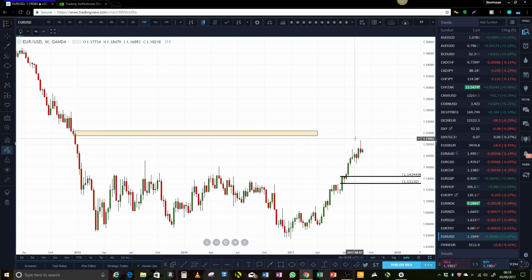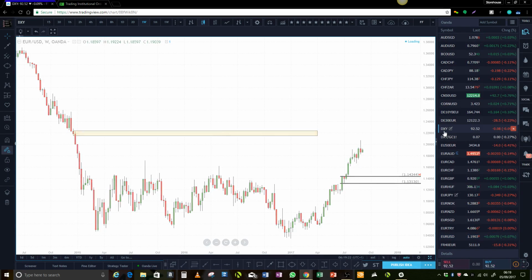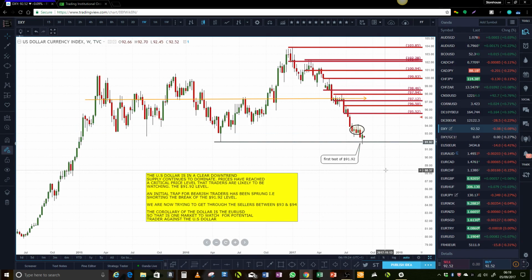But you can see how we've run up so much, and it's now getting to the point where the euro is beginning to show some weakness. So we will see how things pan out. It's very possible that we will get a pullback in the euro as we get a pull up in the US dollar. So we'll see. I just wanted to point that out to you guys, to watch the dollar and the Euro USD.